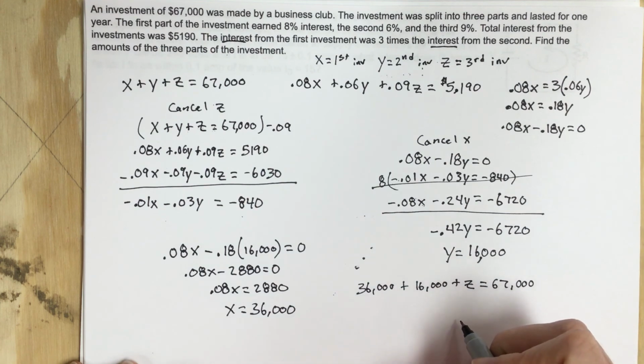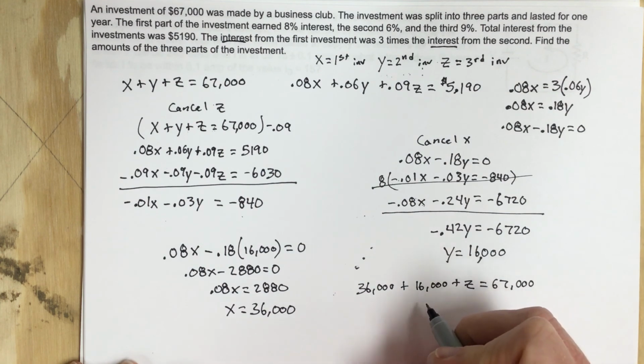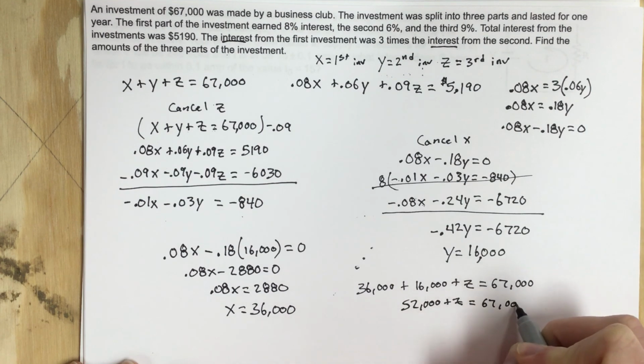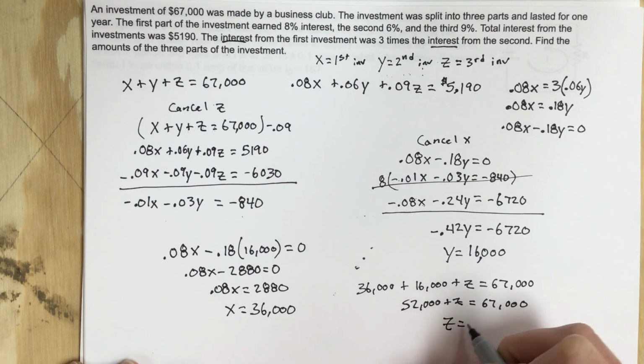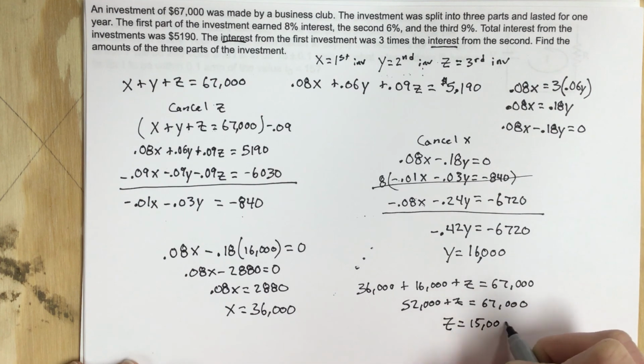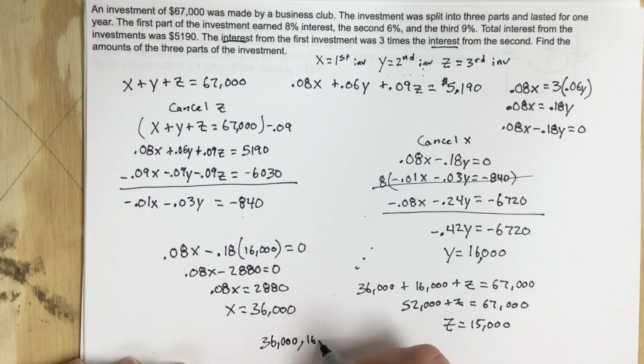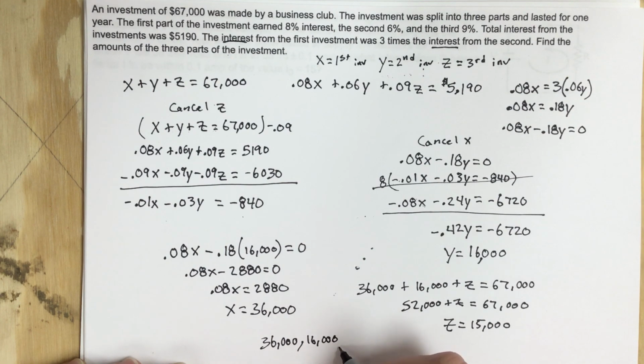So 52,000 plus z equals 67,000, subtract it over, and z is going to be 15,000. So our answer is 36,000 for the first investment, 16,000 for the second, and 15,000 for the third.